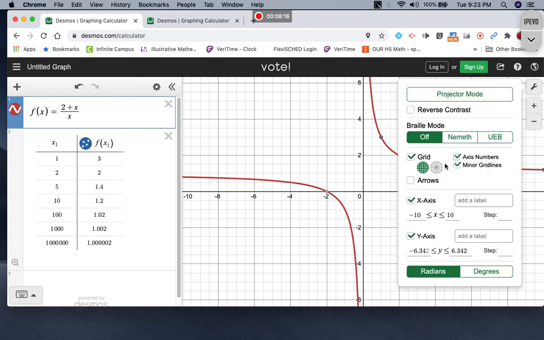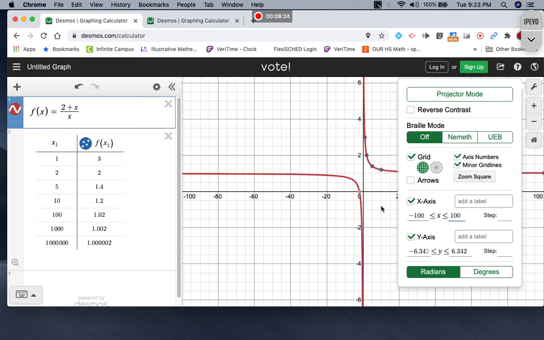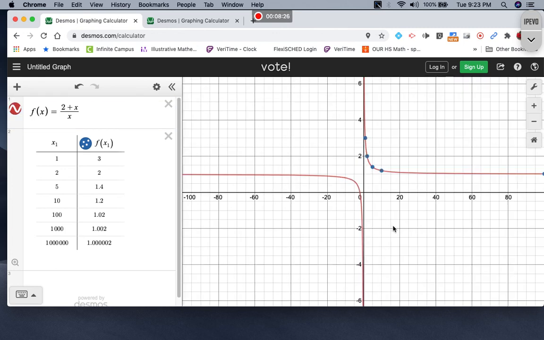But let's spread this out a little bit more. Let's go again, 100. And we look, it looks like it's flattening out here, right at about 1. If we look at our table, okay, we're up to a million, we are at practically 1.